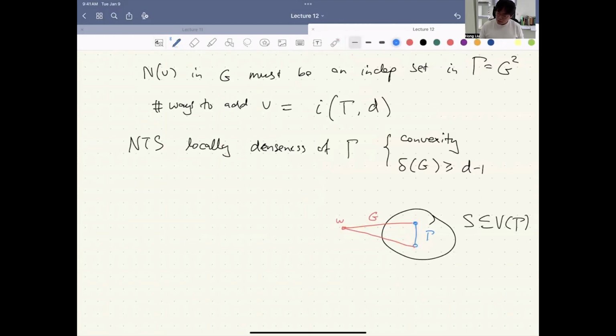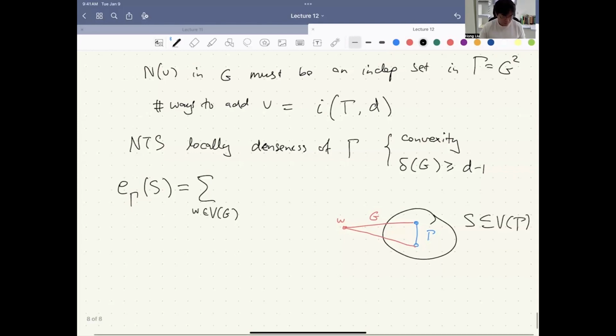So to prove local denseness, let's estimate the number of edges inside some set S. The number of edges inside this auxiliary graph gamma of some set S equals the sum over all W in G of the degree in G of this vertex W into the set S, choose 2. What do I mean? Well, this is what I mean.